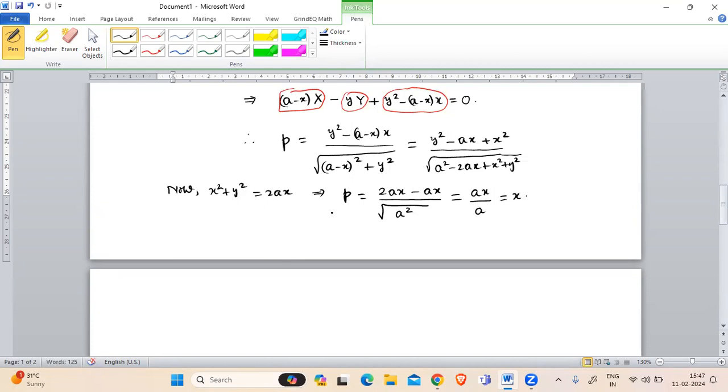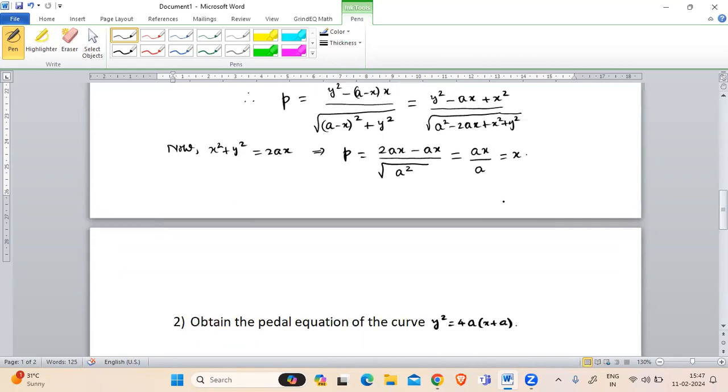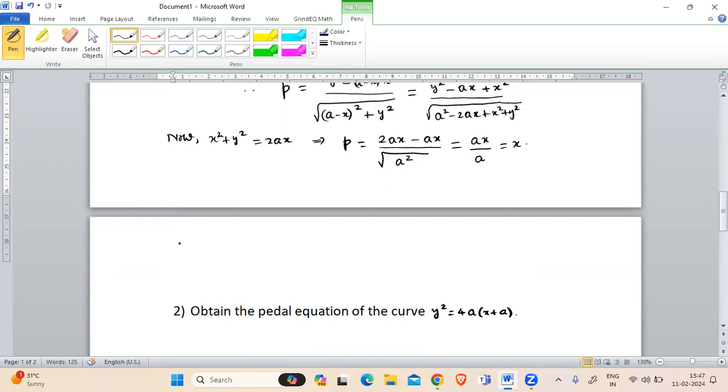Now we'll have to eliminate x from this expression using the formula x square plus y square equals r square. Now x square plus y square equals r square will give me, from this equation, r square equals 2ax. So r square equals 2ax will give me x equals r square by 2a.